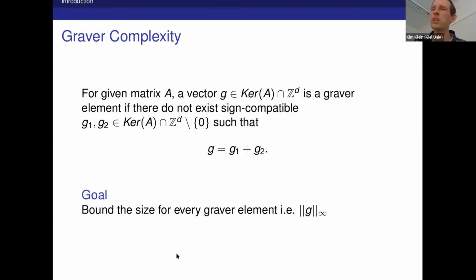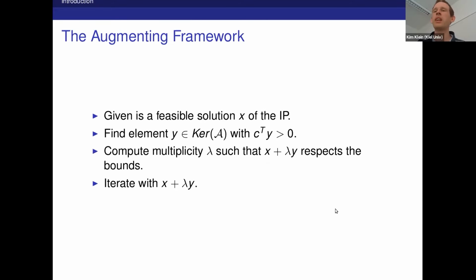If we use the bound of the Graver elements, then since all Graver elements are bounded in size, we know that if there exists an improving element in the kernel, there also exists a Graver element that improves upon the objective. So we are guaranteed to find one in the area because the norm is bounded. And then we just add multiples of this element to our current solution and improve it.